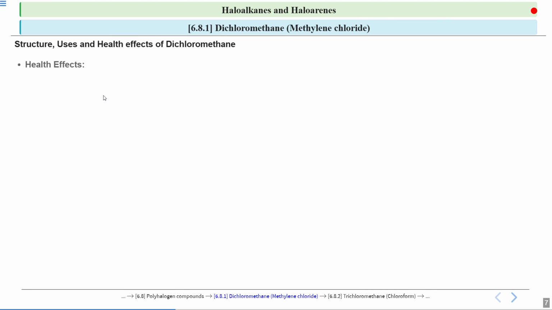Now, if we talk about the health effects of dichloromethane, it harms the human central nervous system. If you take it in a lower amount through air, it can slightly impair hearing and vision. You may face some problem hearing voices, and your vision can also be disturbed by lower exposure in the air.